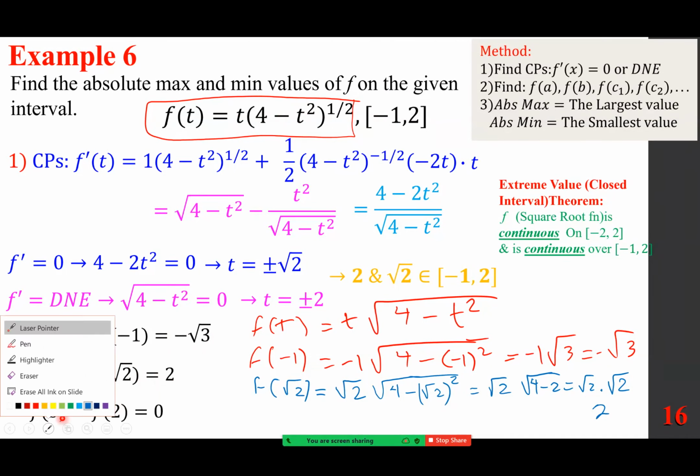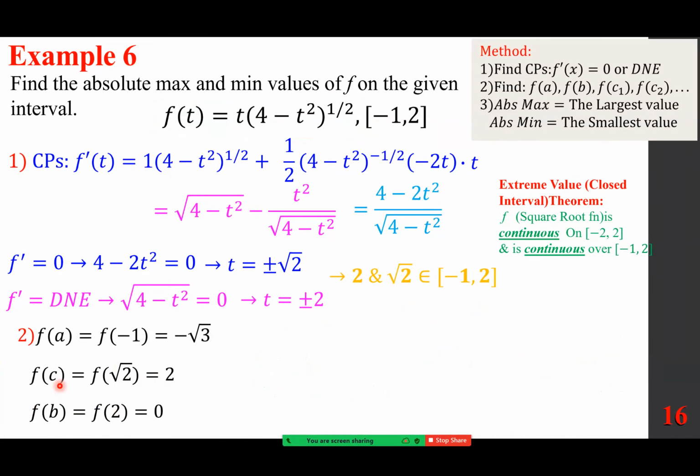Therefore, the largest value is 2. So absolute max is 2 at this pair. The smallest value is the negative number. That's the only negative number. So the absolute minimum is negative square root of 3 at this pair.